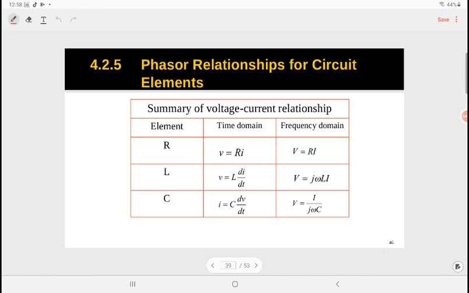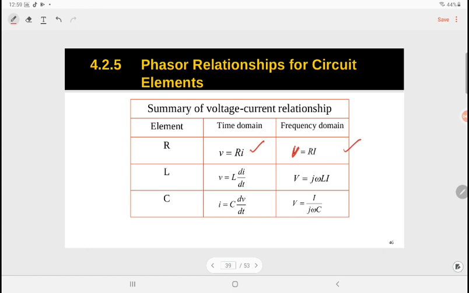So we have three elements, which are R, L and C. For the time domain, v equal to Ri for the resistor, and in the frequency domain it's still the same, but the terms we use now, usually in a frequency domain, are capital V, capital R and I, so V equal to RI, right?